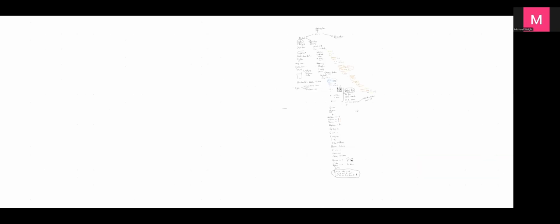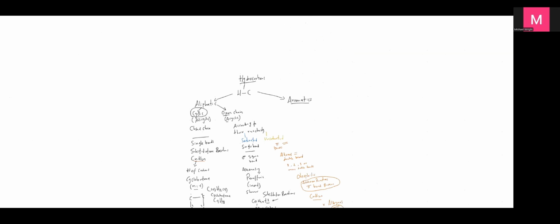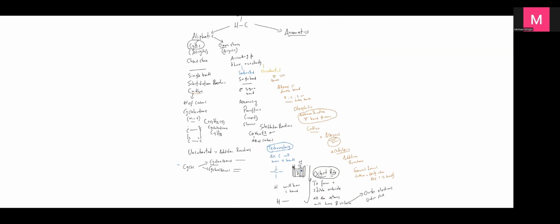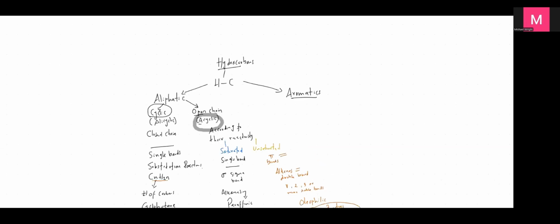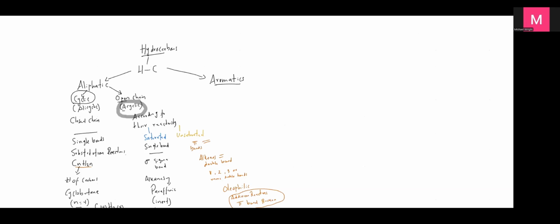Okay, guys, so let's go now with the second category of hydrocarbons. So remember that these ones were subcategories, right? So let's go with the second category of hydrocarbons. Here is where we have all the molecules that come from one famous and popular molecule in chemistry that is called benzene.